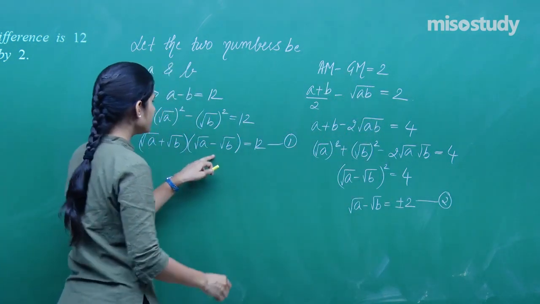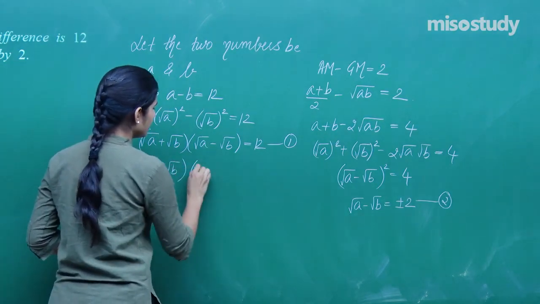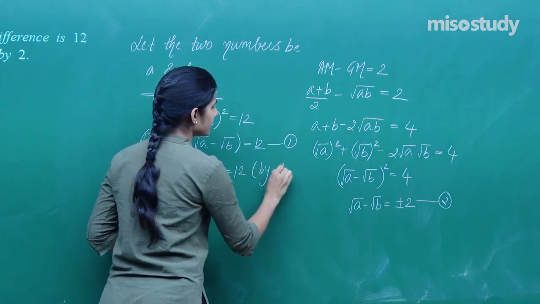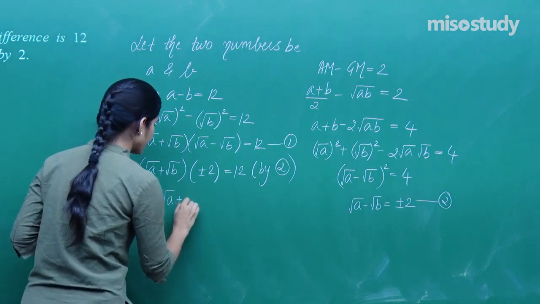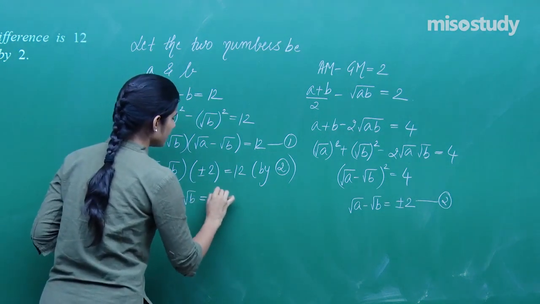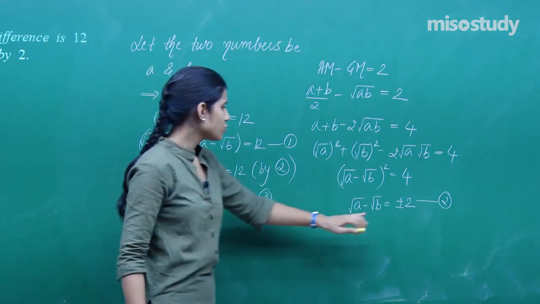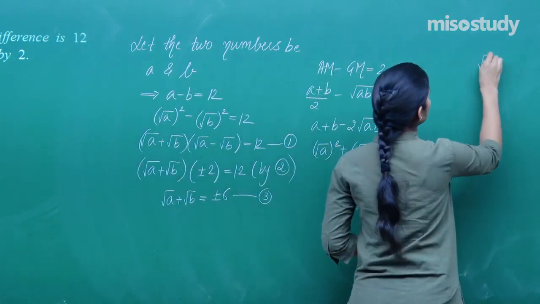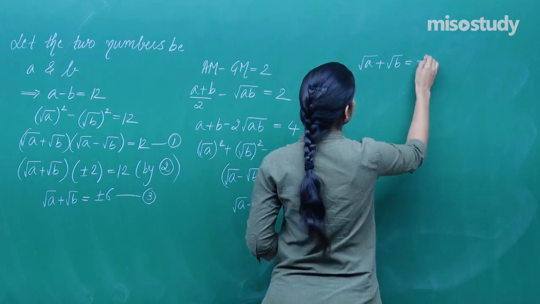If root A minus root B is plus minus 2, I get root A plus root B into plus minus 2 equals 12 by second equation. So root A plus root B equals plus minus 6.